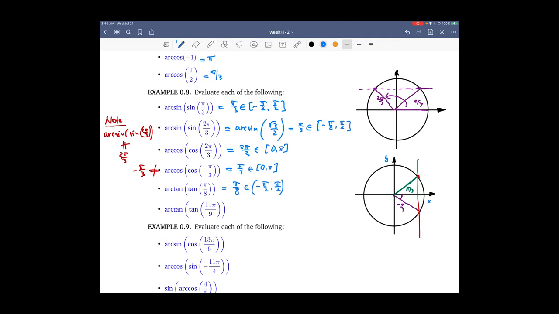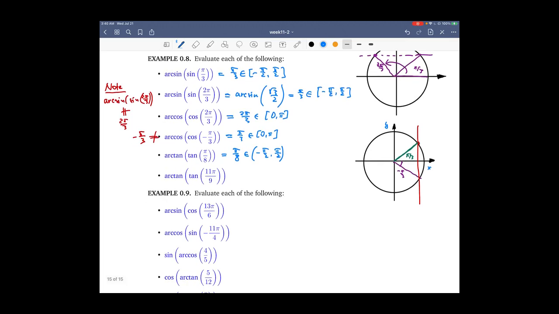But in the next problem, you can't say that arctangent of tangent 11 pi over 9 simply is 11 pi over 9, because 11 pi over 9 does not belong to the interval negative pi over 2, pi over 2. So the answer 11 pi over 9 will be wrong. And to figure out the right answer, again, we will use the unit circle.